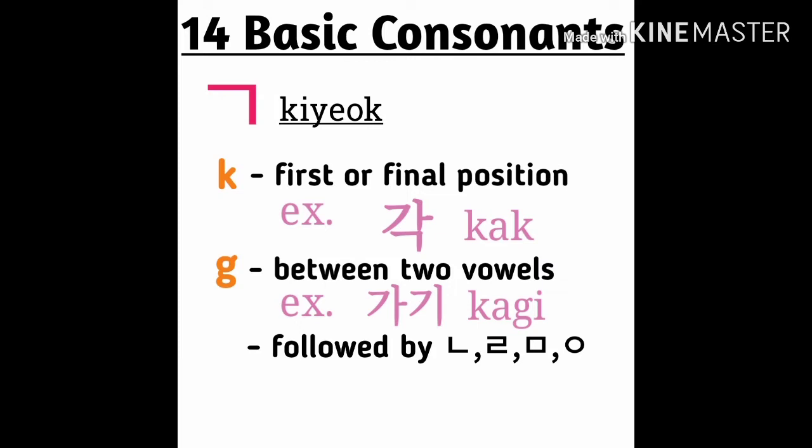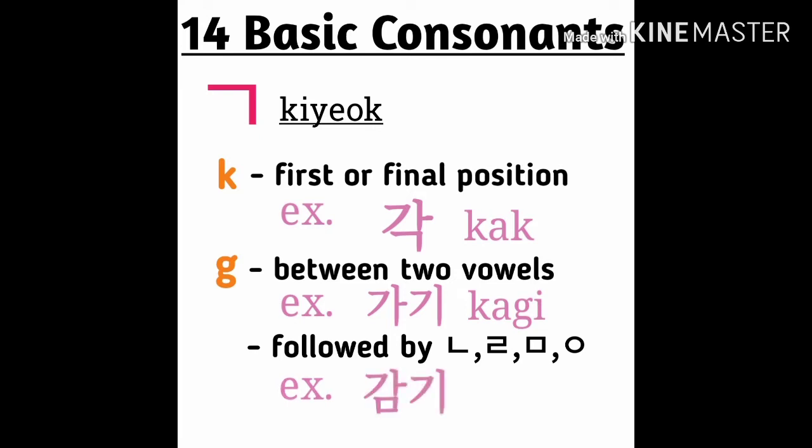Our last rule in kyok is when it is followed by nian, riel, miam, or iyeng, it will sound as letter G. For example, this word.